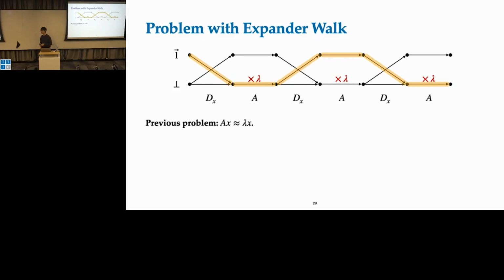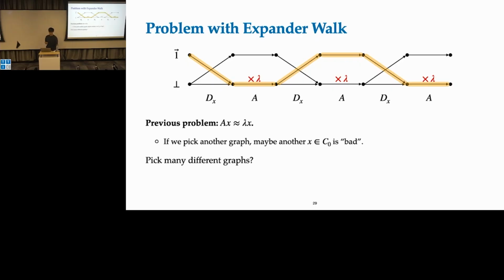Well, what if we just choose a different graph? Then maybe this x is no longer an approximate eigenvector. The problem is that if we choose a different graph, then maybe another vector in the base code is bad. And we need this to be good for all x in the base code, so this probably won't work.